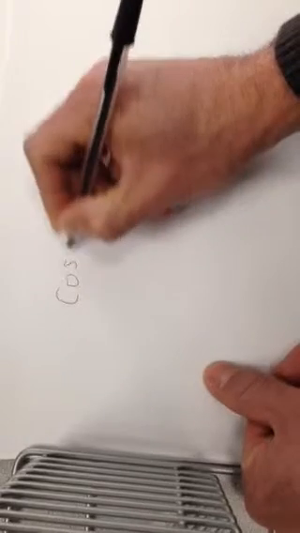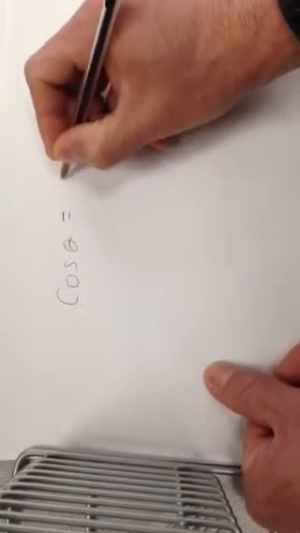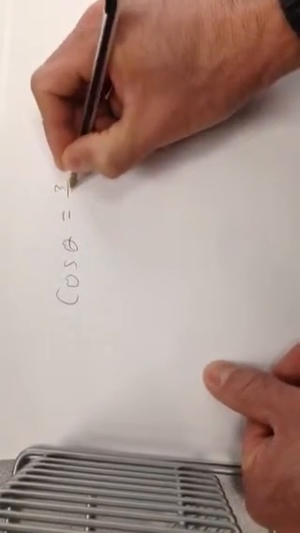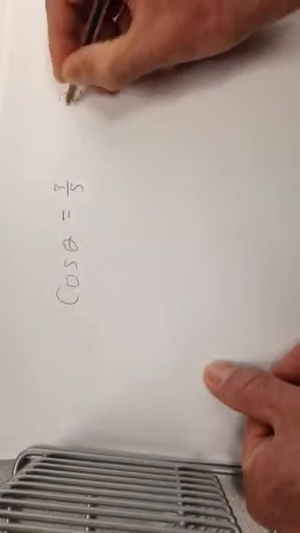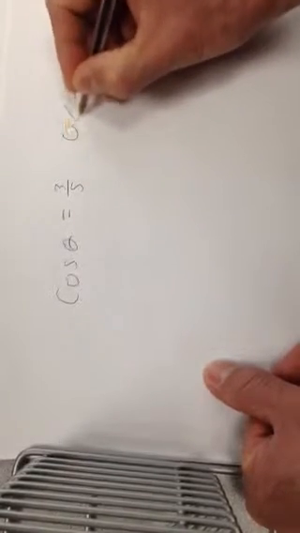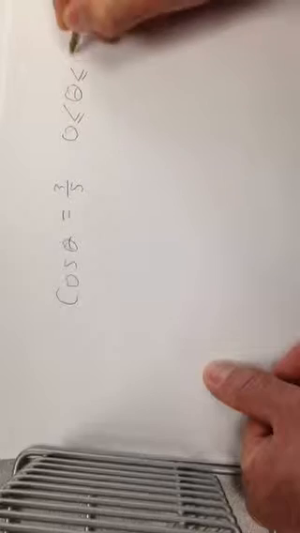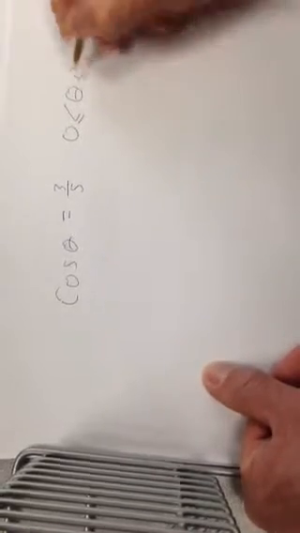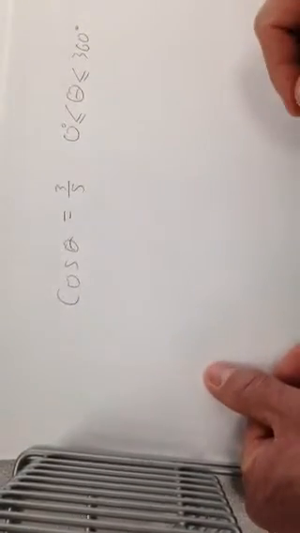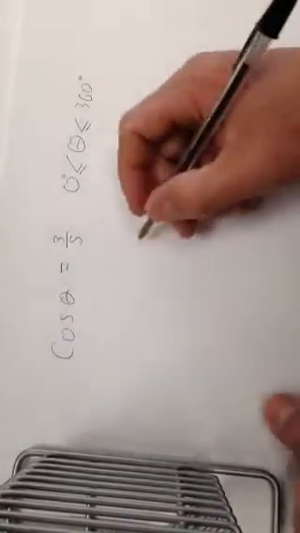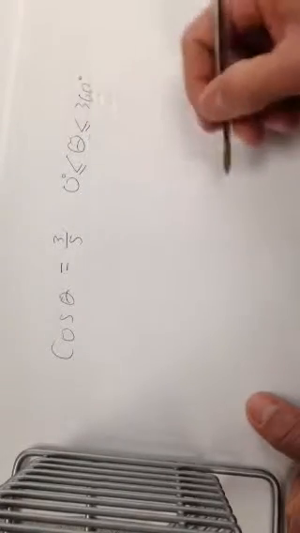Consider the cosine of theta is equal to a positive 3 over 5, and the fact that theta is somewhere between 0 and 360 degrees inclusive. Okay, let's find every possible value for theta.